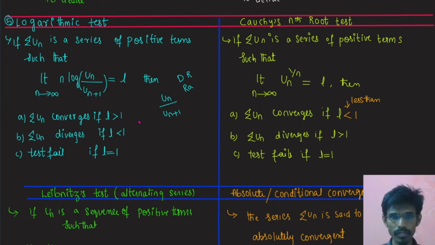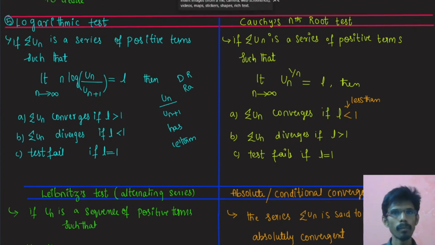But if this ratio un by un plus 1 contains or has an e term, an exponential term, then go for log test. If this ratio un by un plus 1 has any e term in it, then go for log test.